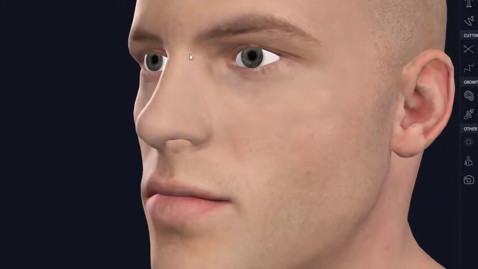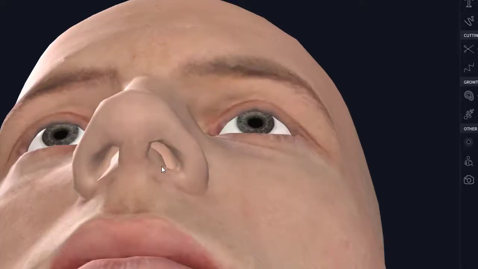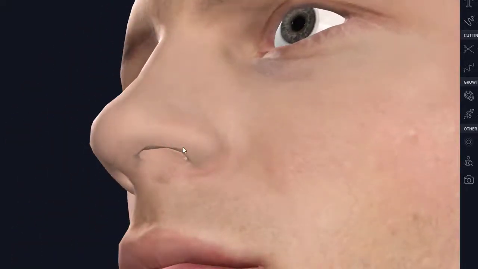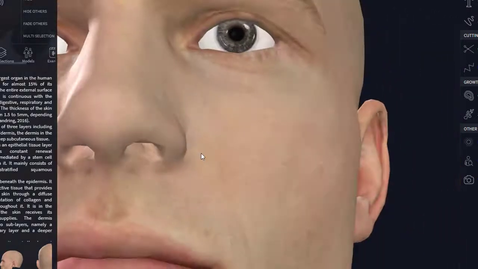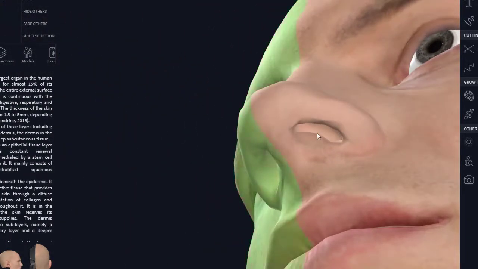The dorsum of the nose, which we can see up here, extends from its superior angle along the root of the nose all the way to the apex of the nose, and on the inferior surface of the nose we have these two openings, which are the nostrils or nares, or you may even call them nasal apertures. The lateral boundary of these, of course, also has a name. These are called the ala, or wings. Ala means wing. And the two halves of the nose on the inside are separated by the nasal septum. We're going to have to remove some more tissue layers until we can really see that.